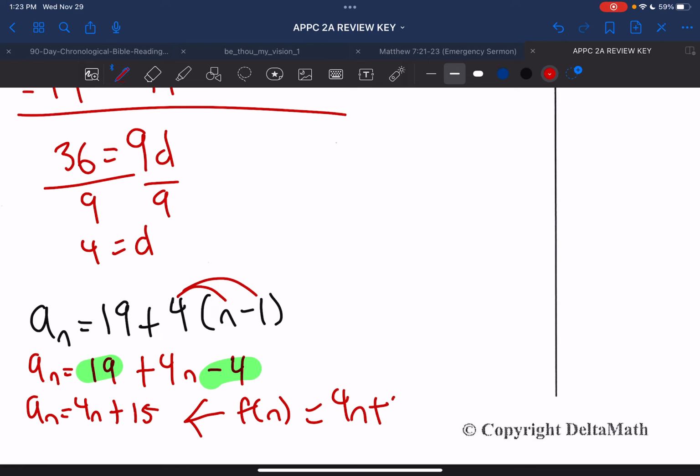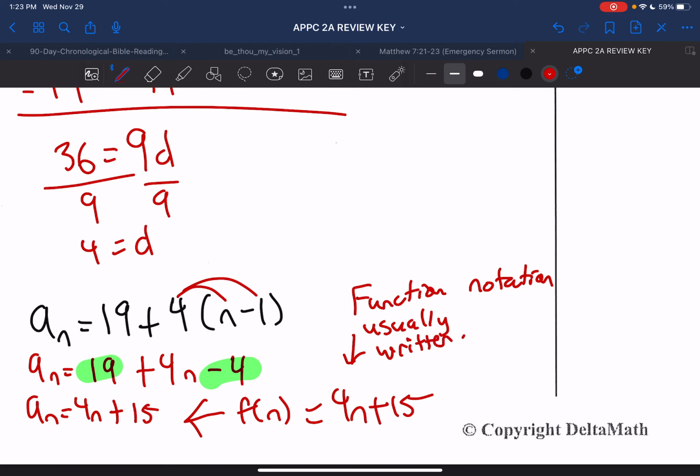Function notation is usually written for the 0 term. This is a key skill, for both arithmetic and geometric, being able to switch back and forth between n minus 1 and n. Okay.